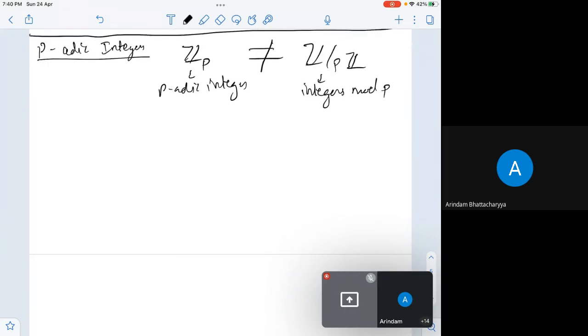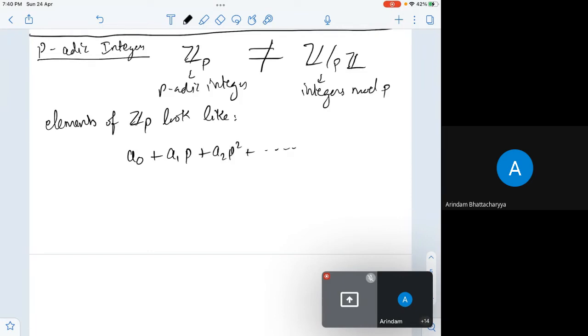So what do elements of Zp look like? This is what our elements look like.